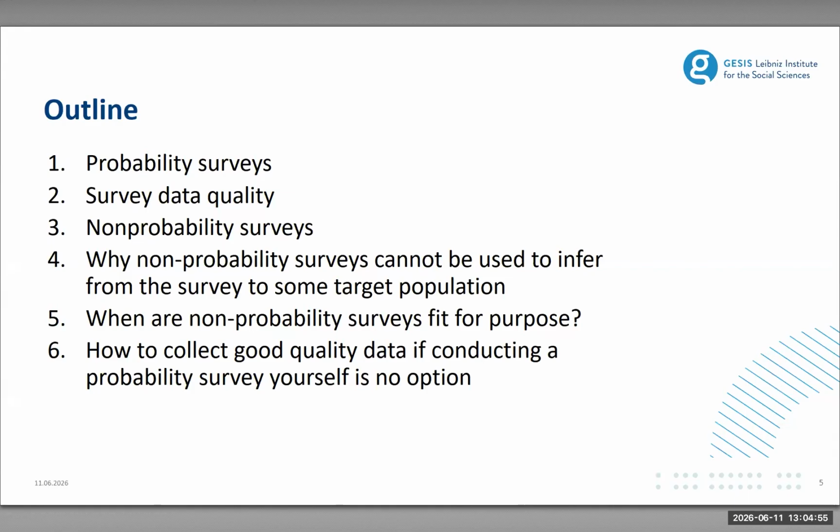I will afterwards give you some ideas on why non-probability surveys cannot be used to infer from the survey to some target population, followed by a discussion about when non-probability surveys are fit for purpose. And in the end, I will give some examples on how to collect good quality data if conducting your own probability survey is no option for your research project.